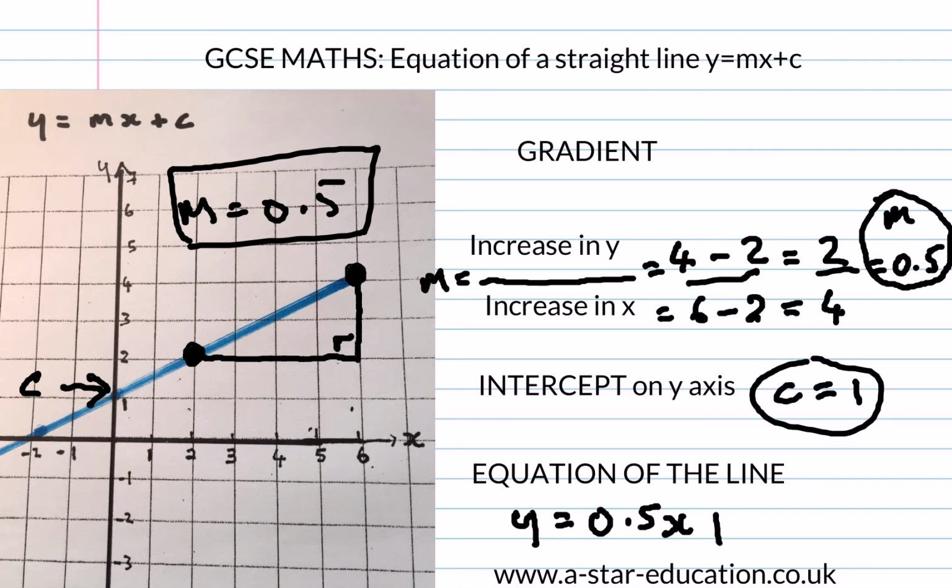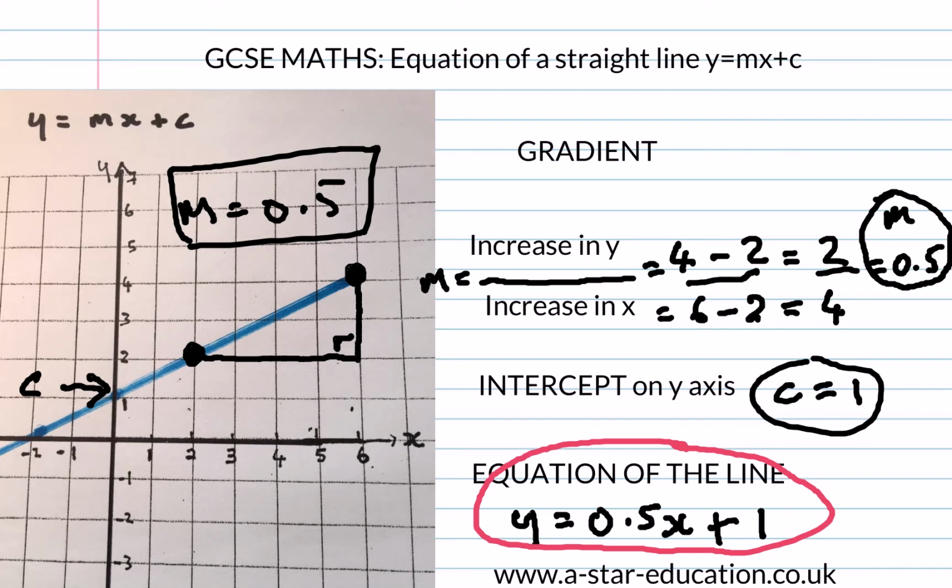And then plus whatever the c value is. We noted previously that the intercept on the y-axis, c, is equal to 1. So we just write down 1. And that there is the equation of our line. The equation of the line is y is equal to 0.5x plus 1.